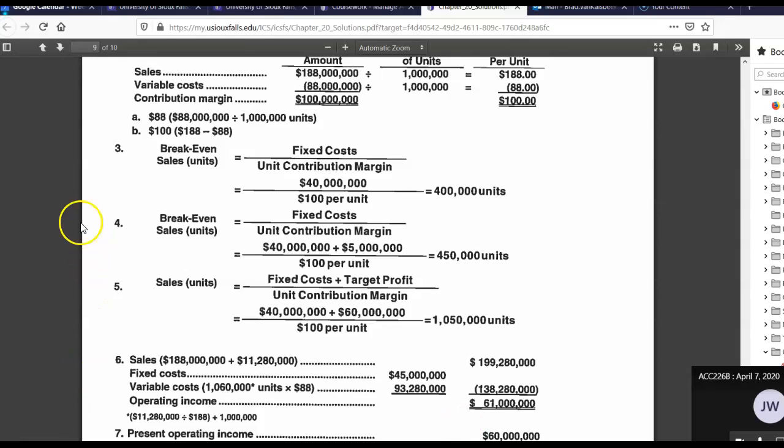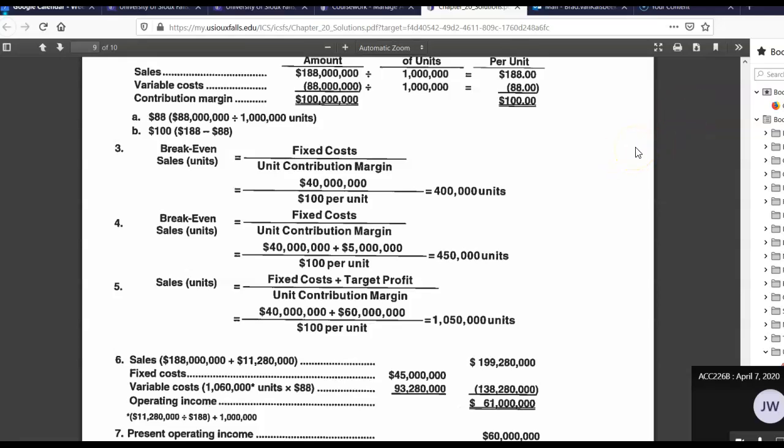So it would be $100 right here, right? Because we know that's what we're selling it for, but this is the cost. Very good, Jackson. So if we sell 400,001, we make $100. We sell 400,002, we make $200. Very good.